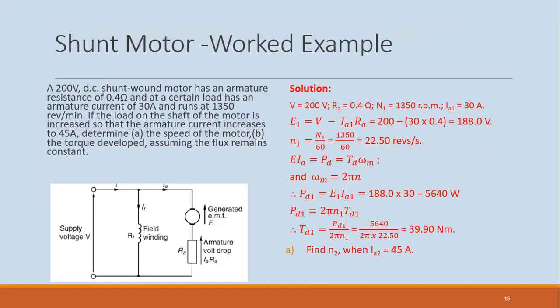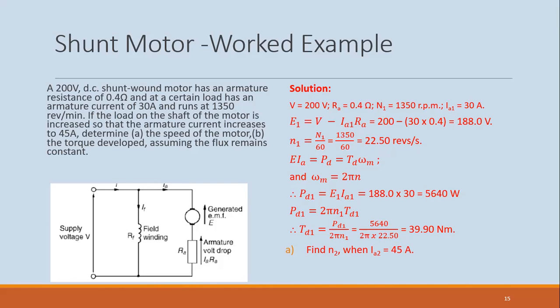A 200 volt DC shunt motor has an armature resistance of 0.4 ohm, and a certain load has an armature current of 30 amps and runs at 1350 revs per minute.